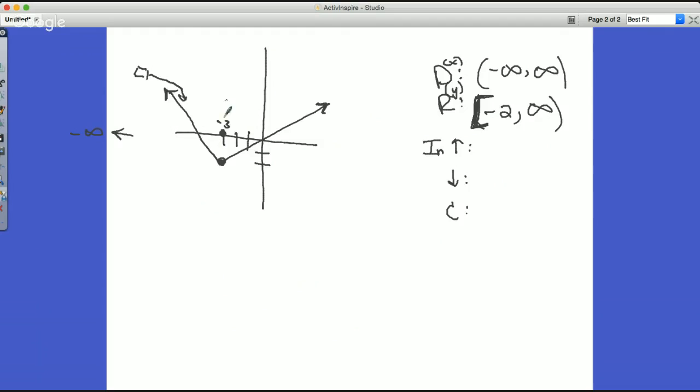So that is where it's decreasing. We keep it in parentheses. And then from -3 all the way to the right to infinity, that is increasing, and it is constant none of the time.